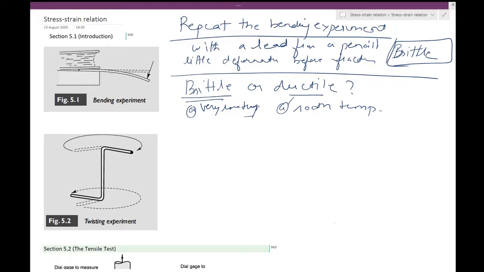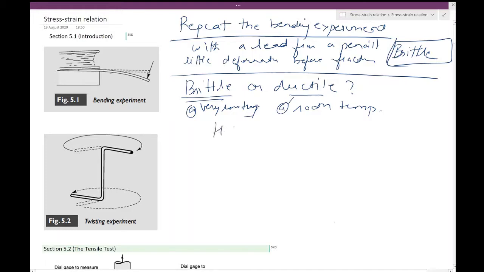Okay, now there is another point which must be made, that the ductility will depend on the size of the structure. This is something which I think may be better told to you in your course in material science, because then you can understand about the grains and the grain size and how ductility is related.